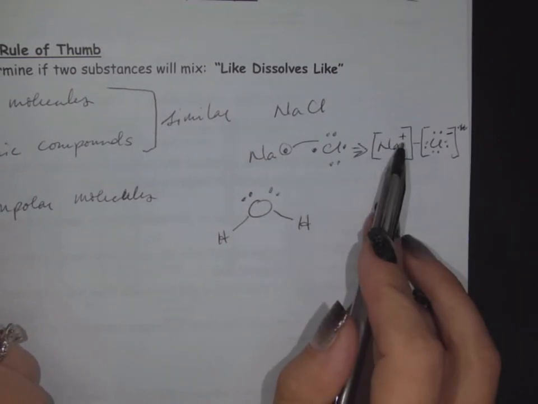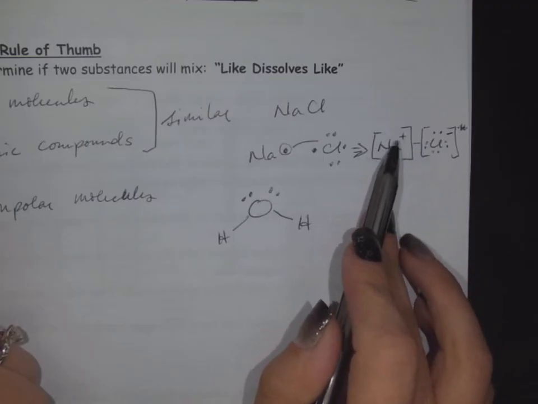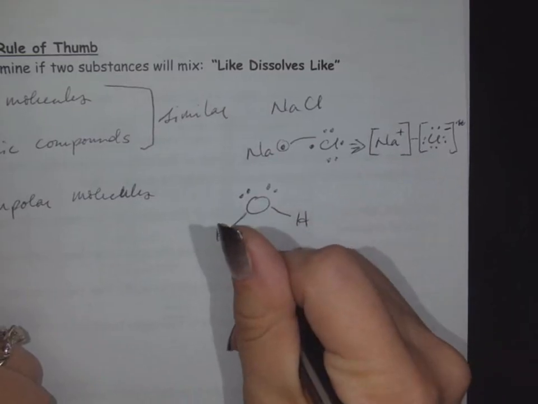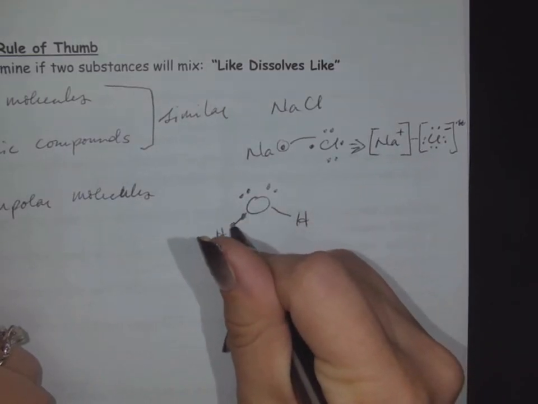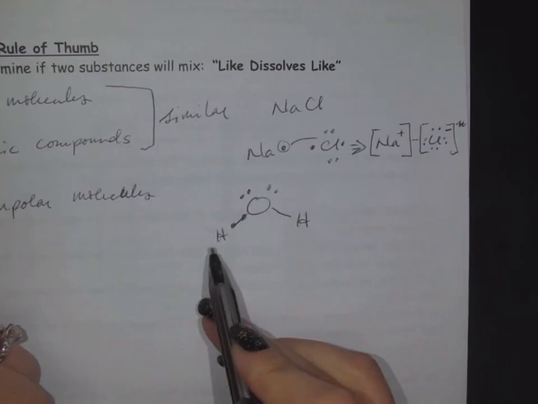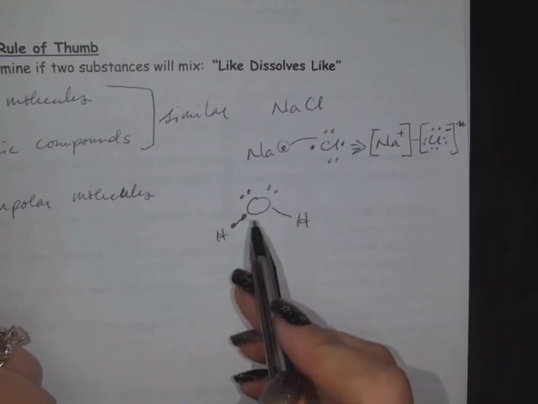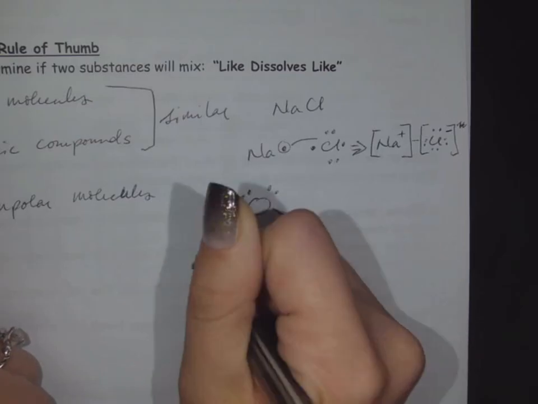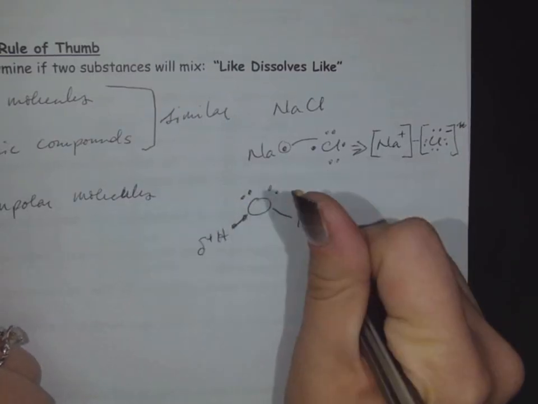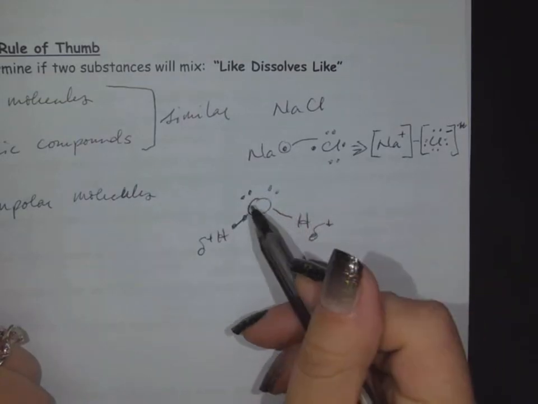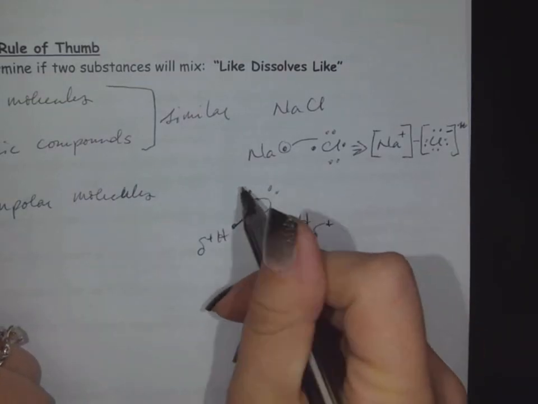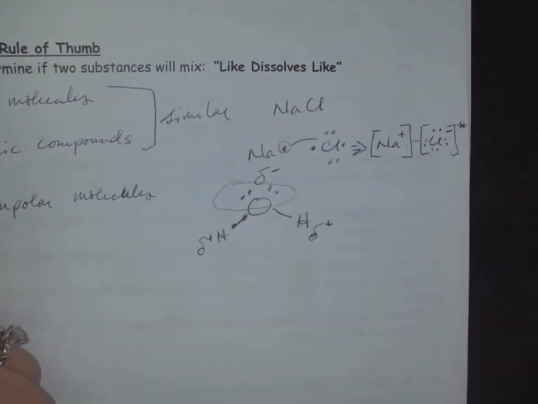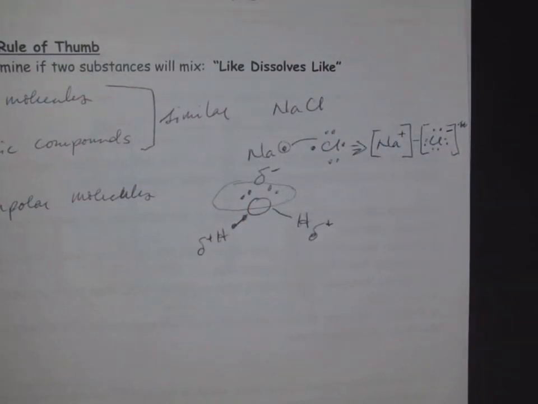They are not fully positive and fully negative because we don't completely lose and completely gain electrons. But these shared electrons right here, they spend more time with oxygen than they do with hydrogen because oxygen is more electronegative. And so that makes this oxygen partially negative and the hydrogens partially positive. These lone pairs contribute to that negativity as well. And so then we have this region of the molecule that is definitely negative. And that's where they are similar.